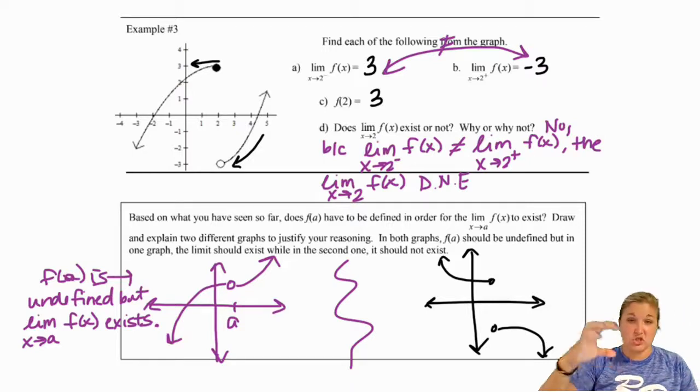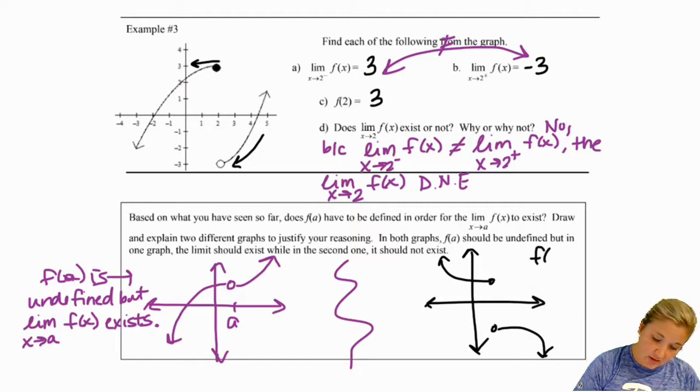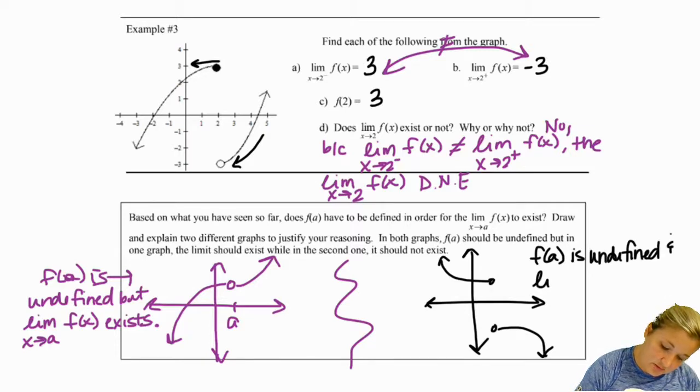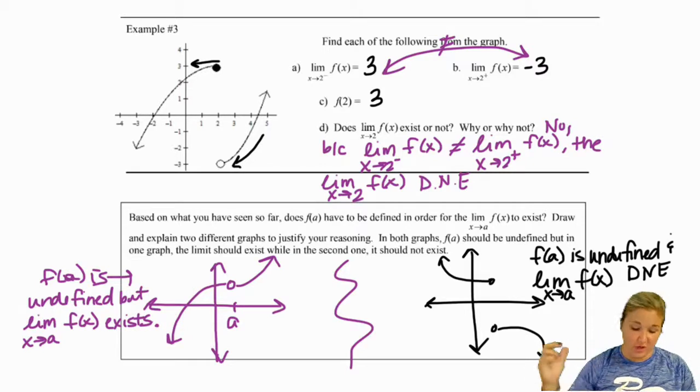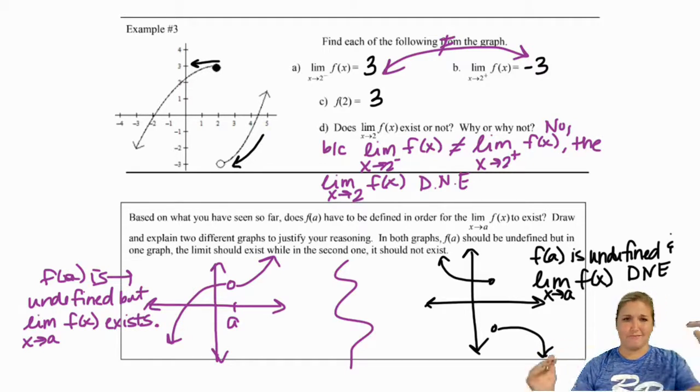Okay, so it kind of jumps like that. f of a is undefined, and the limit as x approaches a of f of x does not exist because of that big jump. They're not approaching the same number. Okay, it's like, doesn't work. When they approach the same number, it works. Even though there's a hole there, that's perfectly fine.